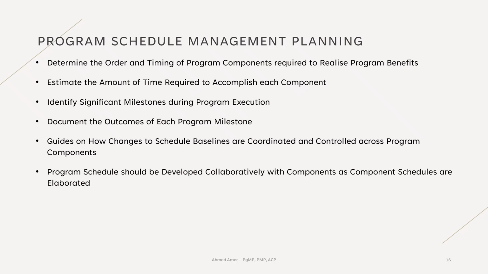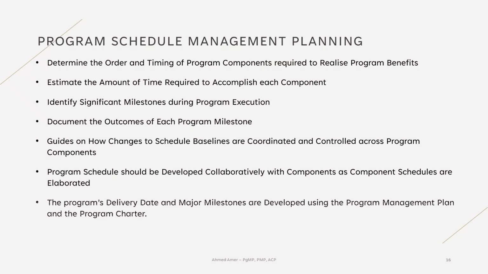The program schedule is developed collaboratively as component schedules are refined. The initial program master schedule is often developed before detailed component schedules exist. The program's delivery date and major milestones are established using the program management plan and the program charter.